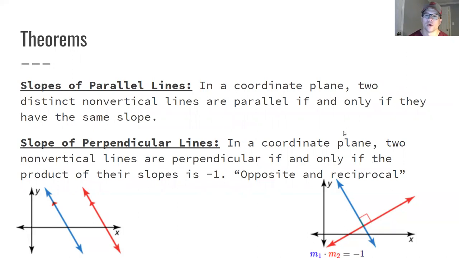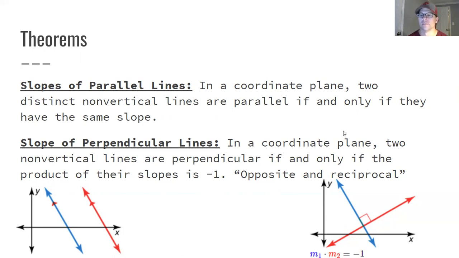Same thing with our perpendicular lines. In a coordinate plane, if you have two non-vertical lines, they are perpendicular if and only if the product of their slopes is -1. Product just means multiply. But I think an easier way for you to remember is that slopes of perpendicular lines are opposite and reciprocal.